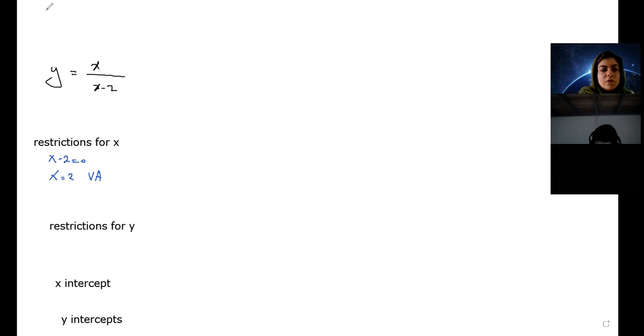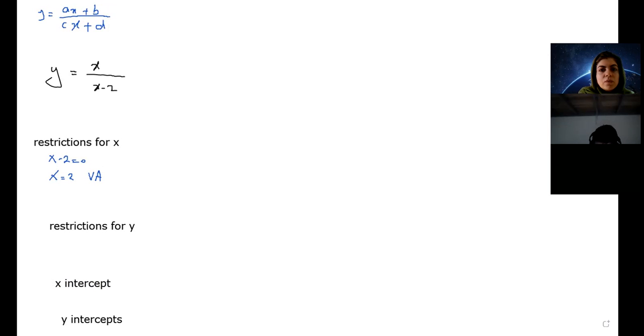How about the restrictions for y? I'm going to give you a formula for restrictions for y. Let's say you have y equal to (ax + b)/(cx + d).